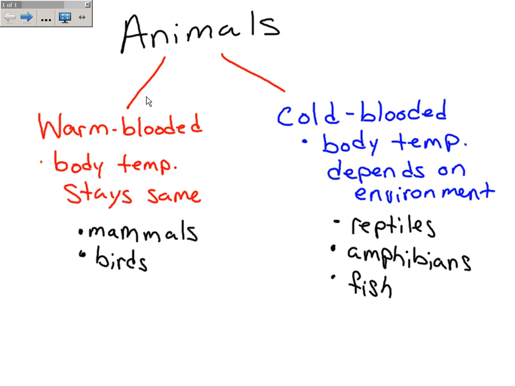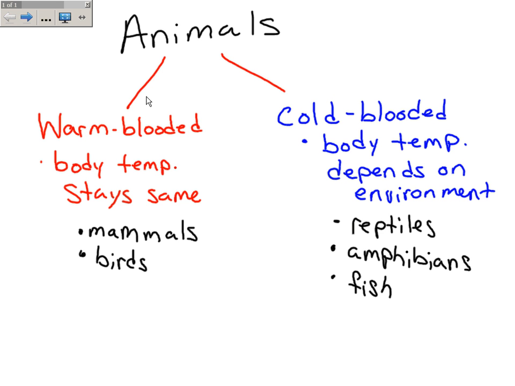Cold-blooded animals have to use the sun. They have to use rocks. They have to use something else to get their warmth. That's why sometimes you'll see alligators laying out in the sun with their mouth wide open. They're trying to get warm, so when they move.